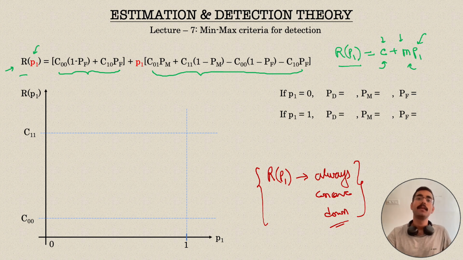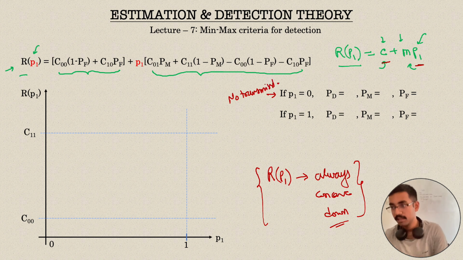Let's take this. For a particular value of P1, you will have a fixed notation of C and M1. So for example, if P1 is 0, P1 is 0 means no transmission is happening, absolutely no transmission. So if there is no transmission happening, what will be the probability of detection? Will you detect anything if there is nothing transmitted?